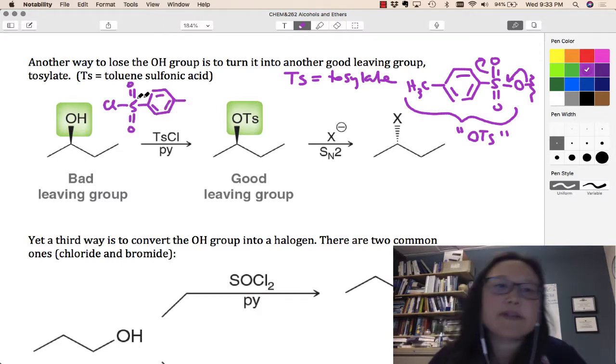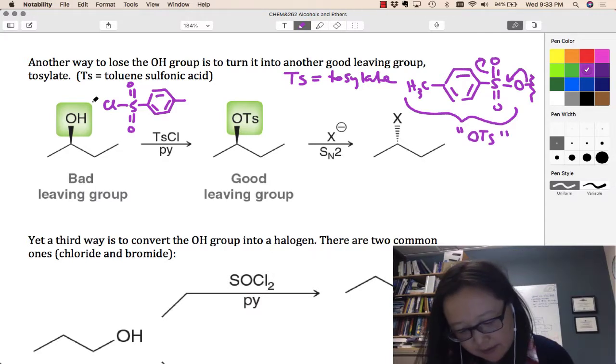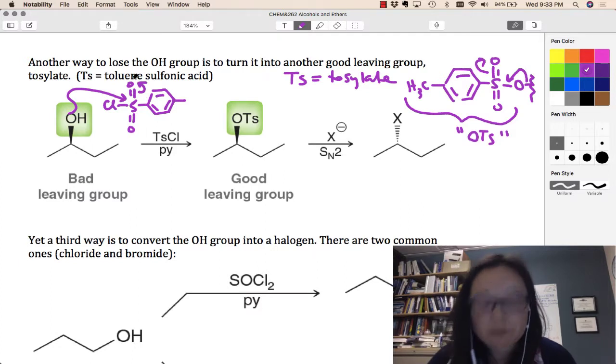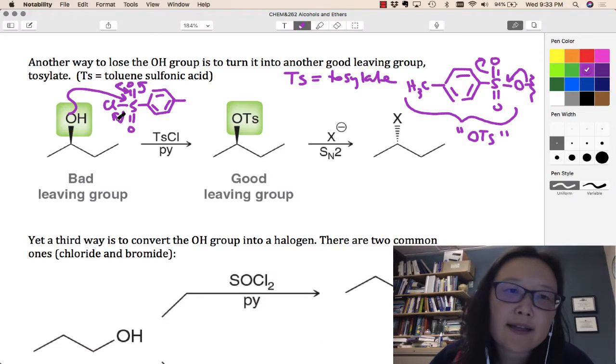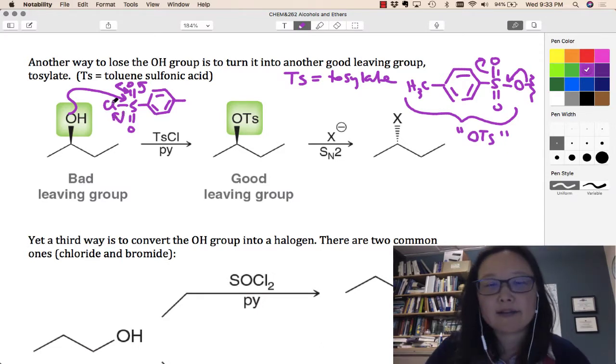This is a toluene sulfonyl chloride, okay? Technically the electrons flow upward and then there's an intermediate that then collapses and the Cl group gets expelled. So there's this reaction where basically you're substituting here. So Cl goes away and this O attaches and this gets deprotonated.